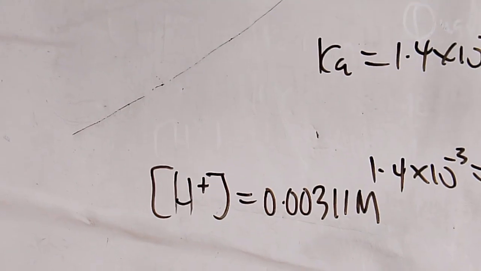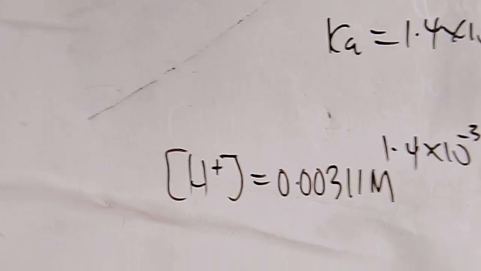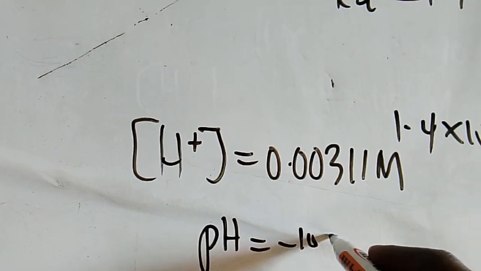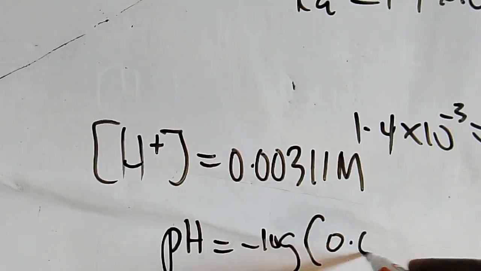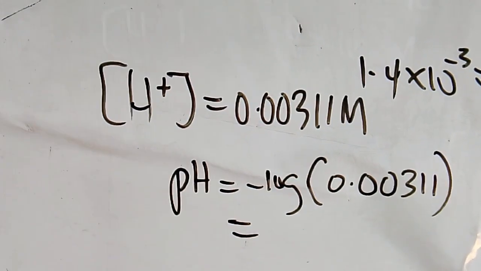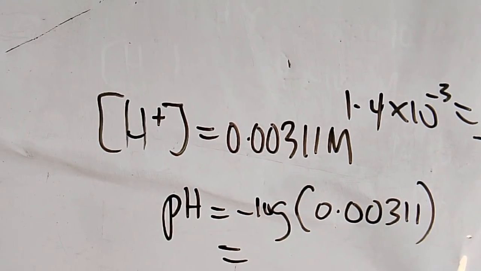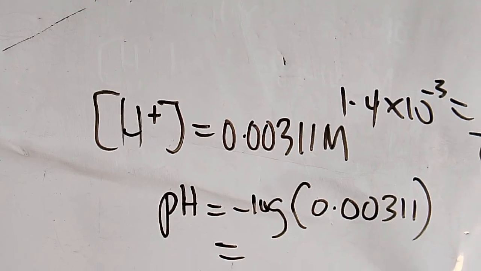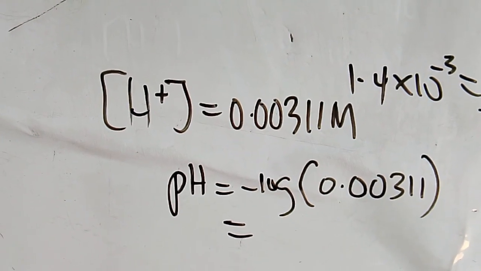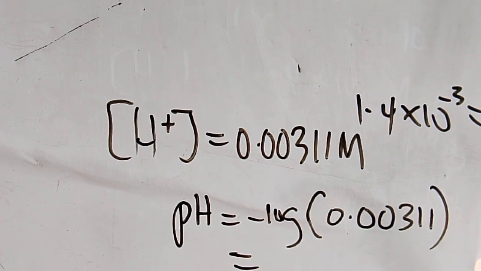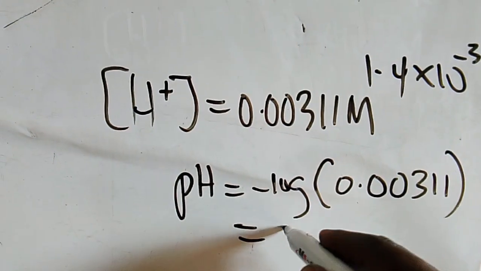The pH will be negative log of that, so pH is equal to negative log 0.00311, which will give us the pH. pH will be equal to 11, no, let's calculate the pH.